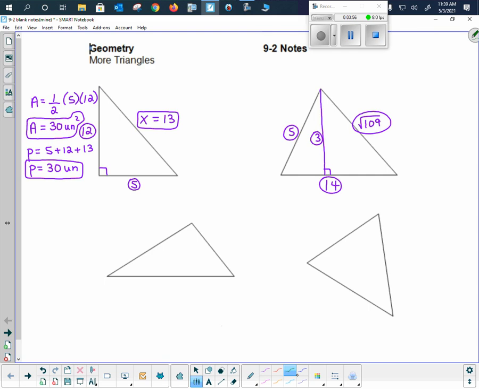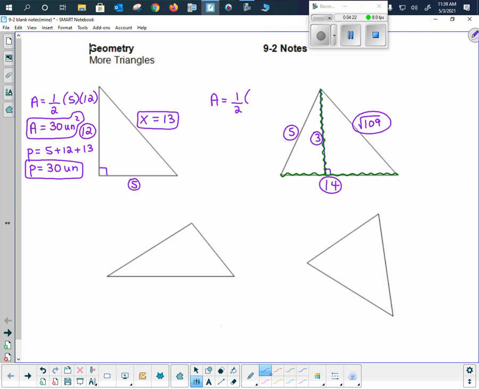So I know that I need 1/2 base times height. The base and the height are the numbers that meet at right angles. So here's the right angle, and I notice this is meeting at the right angle, and so is this. So the base and the height numbers, I don't care which one's which, are 14 and 3.